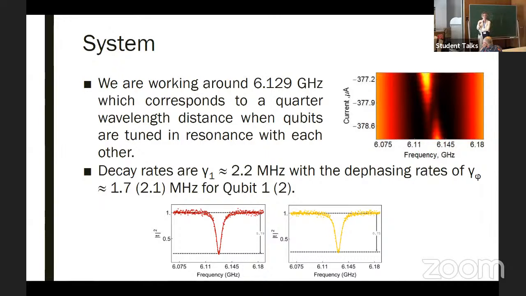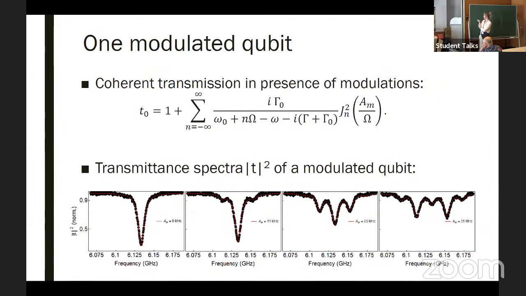And the next logical step is I have to check how my qubit will look and behave if I modulate the frequency. When you modulate the frequency of the qubit, instead of a single dip, the transmission is now described by the Bessel function, so you start seeing some sidebands, like Stokes and anti-Stokes sidebands, and then higher harmonics of the sidebands.